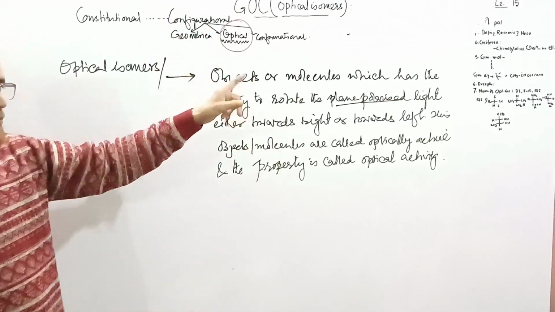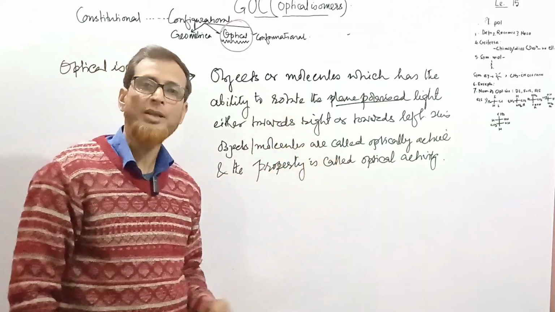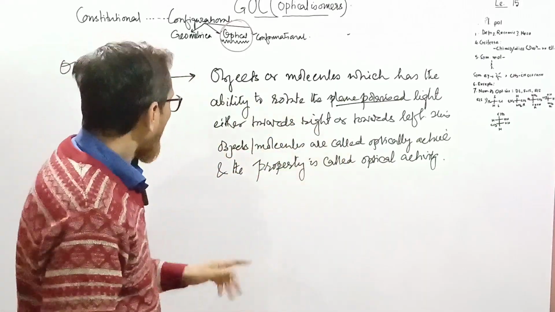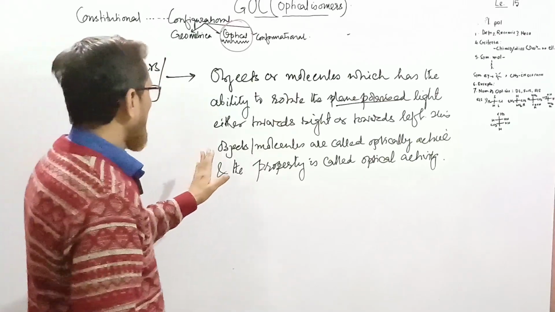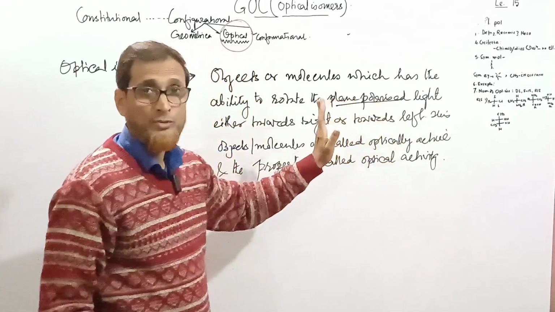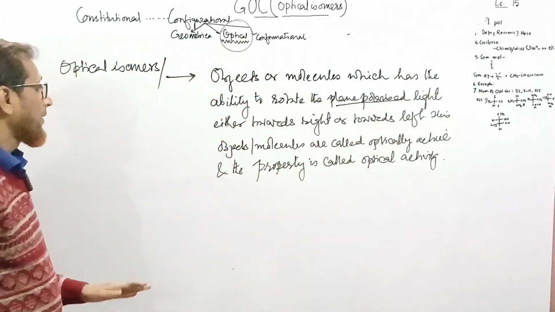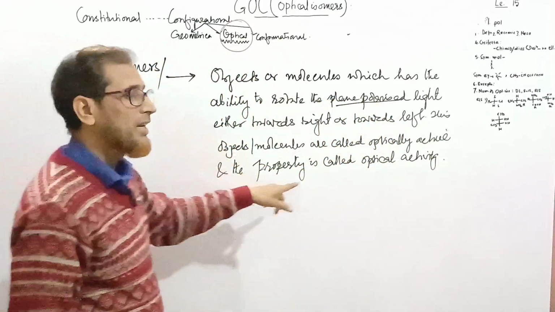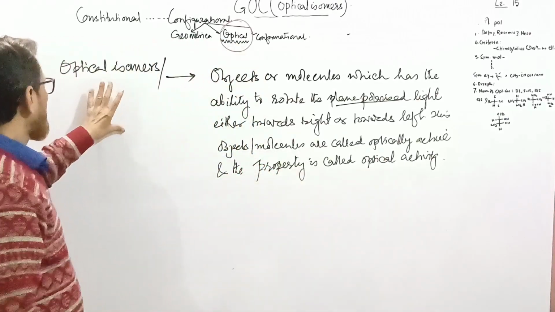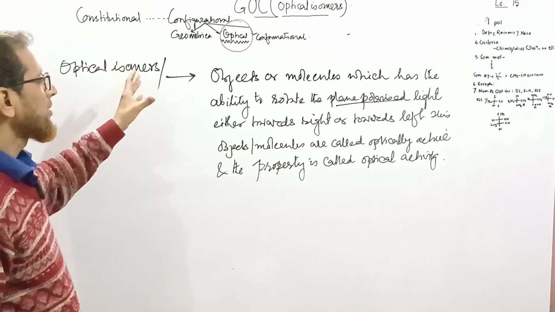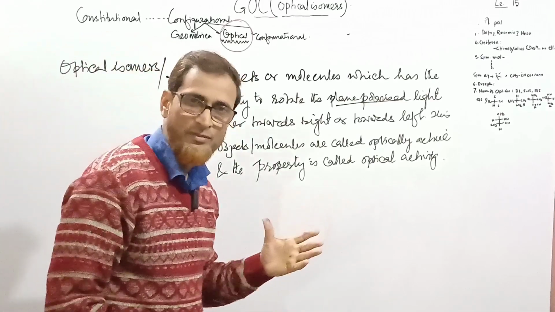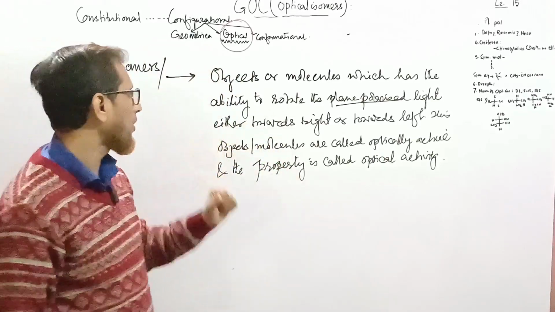So molecules which have the ability to rotate the plane polarized light either towards right or towards left are called optically active, and the property by virtue of which they can rotate the light is called optical activity. Am I right? Some organic compounds have the ability to rotate the light towards right, and some towards left, and this property is called optical activity.